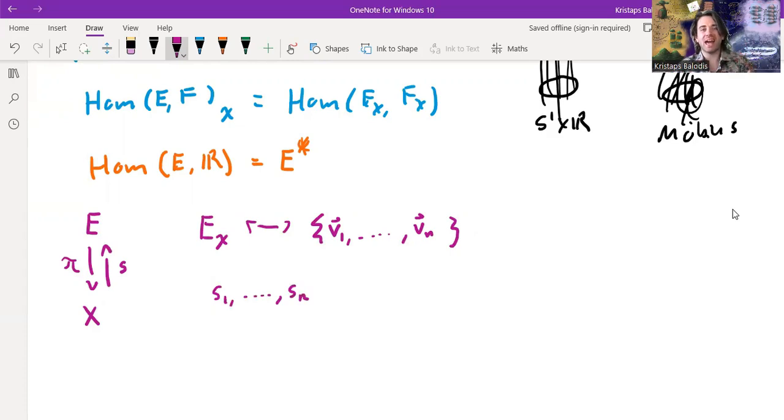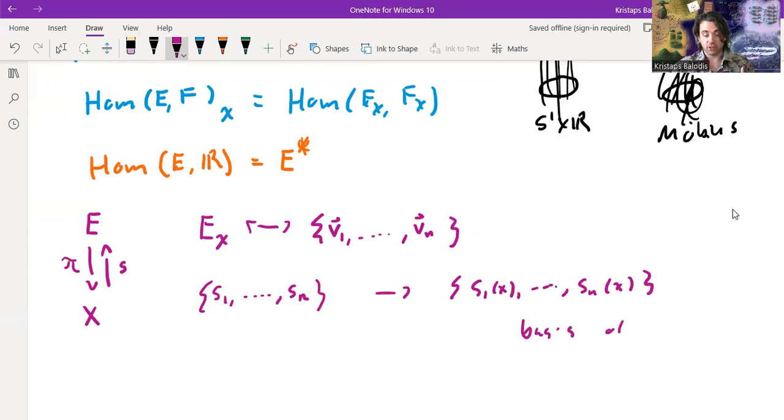So maybe we have n sections, and what we want is that each of these n sections, when evaluated at each point in the manifold, we want those evaluations to give us a basis of that fiber, right? So this should be a basis of E_x, right? Built into the definition of the section is that it is smooth, right?